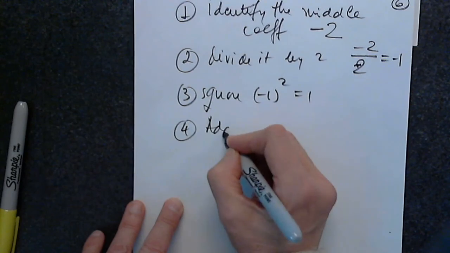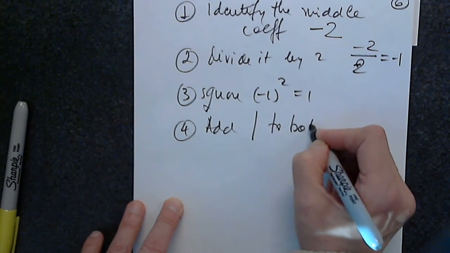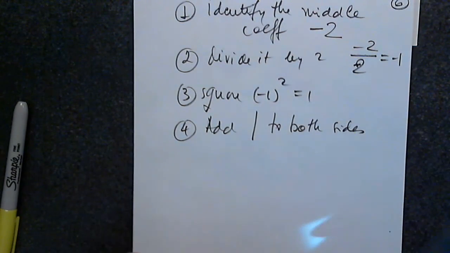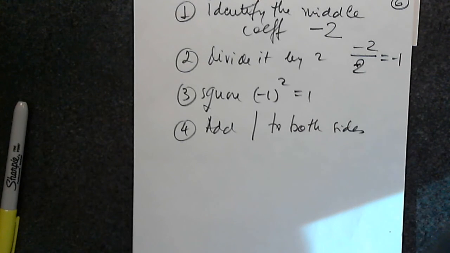Step 4, add 1 to both sides. You need 3 terms to complete a perfect square, a binomial squared. So that's why x squared minus 2x plus 1 will give us x minus 1 squared. And for y squared plus 4y, 4 divided by 2 is 2. 2 squared is 4. Add 4 to both sides because y squared plus 4y plus 4 is y plus 2, everything squared.